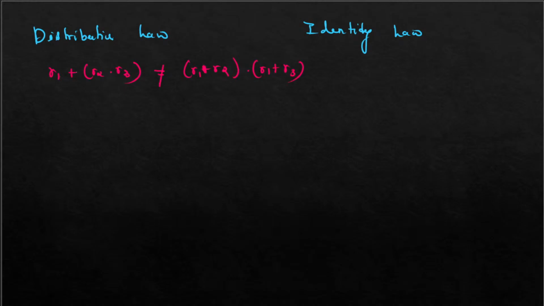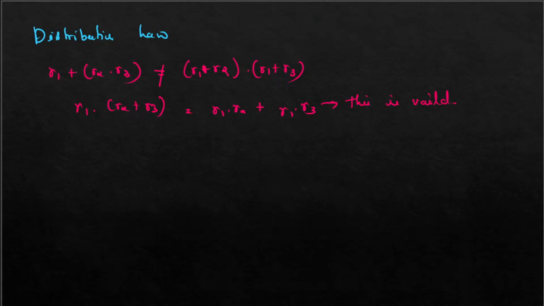This is not at all distributed like this. This is wrong. Which is the correct way? R1 dot (R2 plus R3) is distributed as R1 dot R2 plus R1 dot R3. So this is valid. As we don't have any space for identity here, let's write it below.